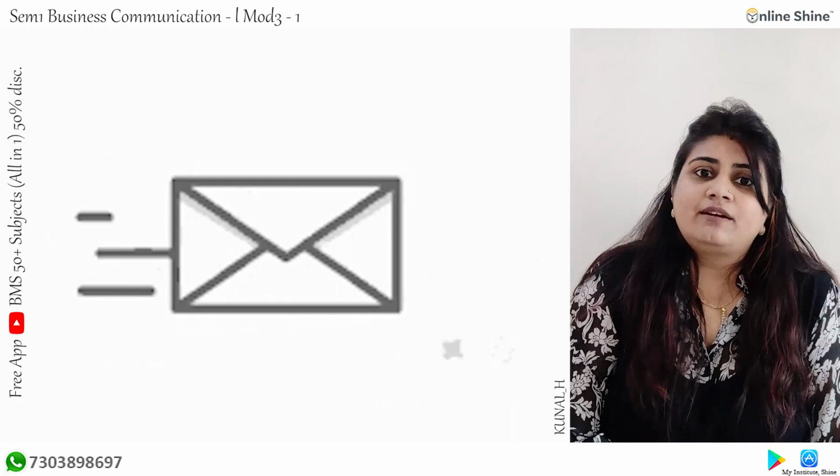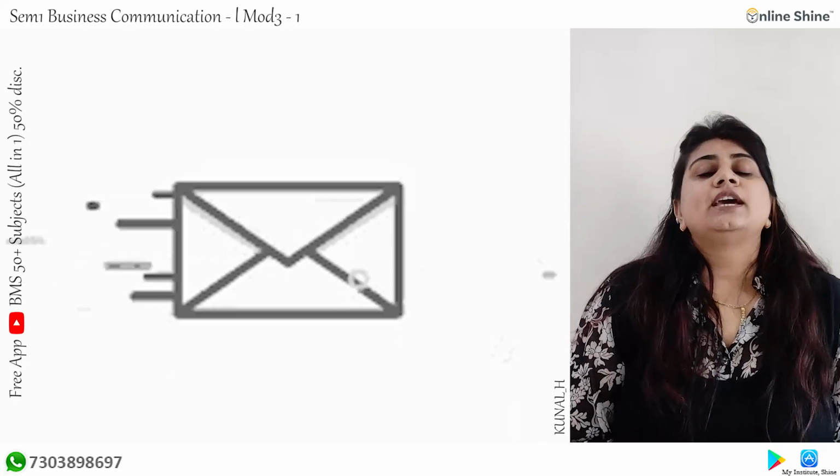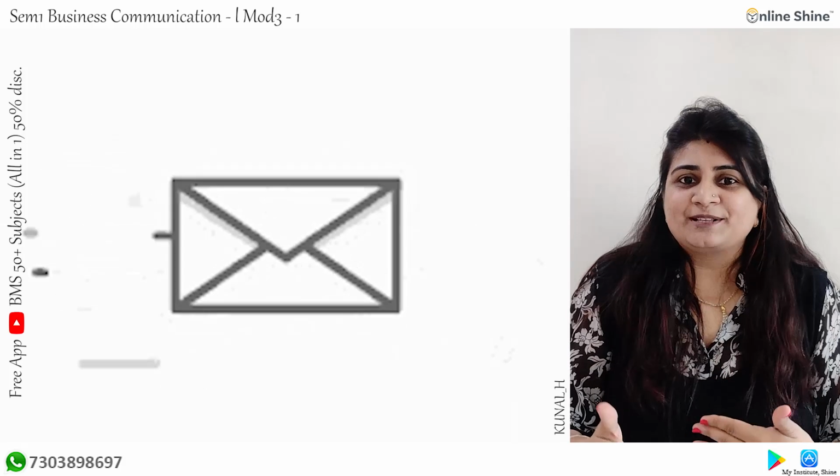But now we are fortunate enough to have the technology, so we use the CC in emails. So when we'll be understanding the principles of effective email writing, we will also discuss what is CC.